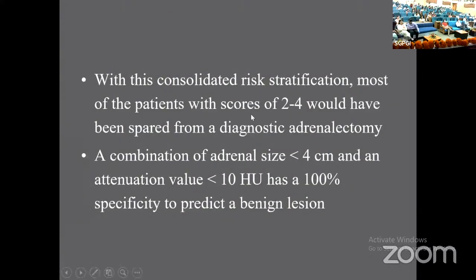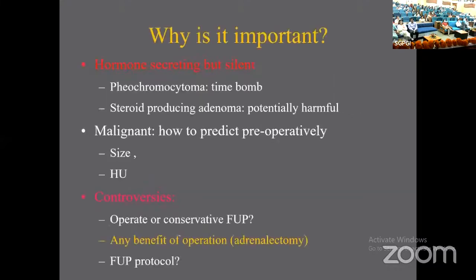Another advantage of this scoring system or stratification is that those patients with scores of 2 to 4 would have been spared a diagnostic adrenalectomy because the risk of malignancy is almost 0. Whereas a combination of size more than 4 centimeters and an attenuation value more than 10 will have 100% specificity to predict malignancy. So that is how size and Hounsfield unit together can help the clinician to predict malignancy.